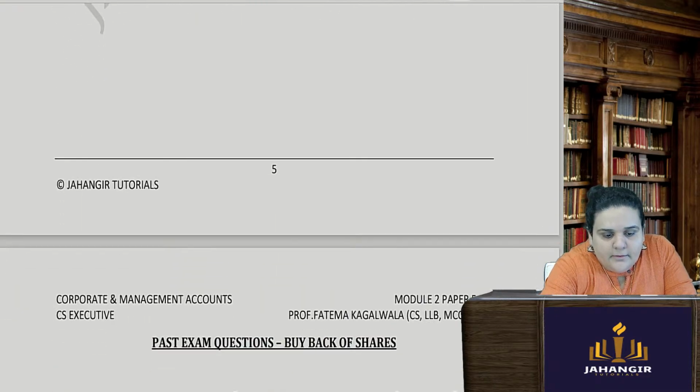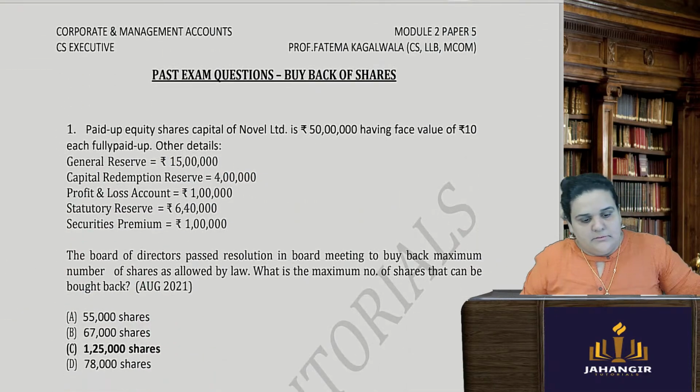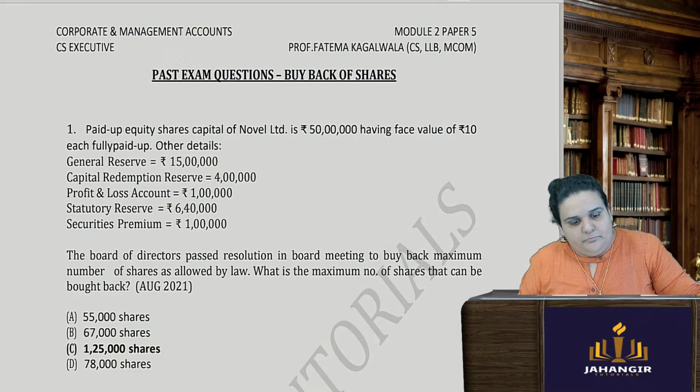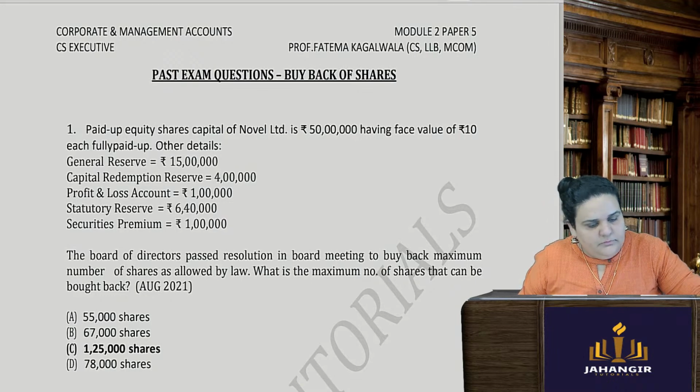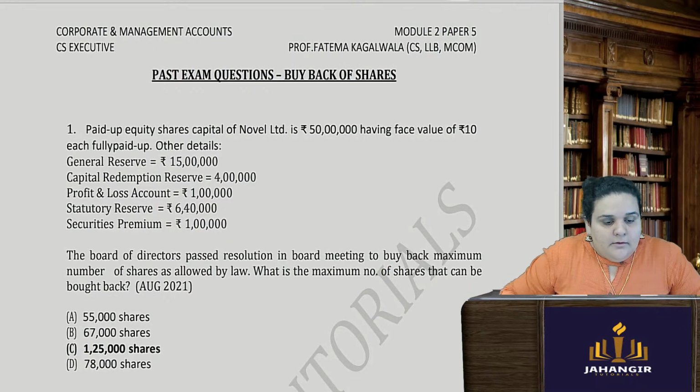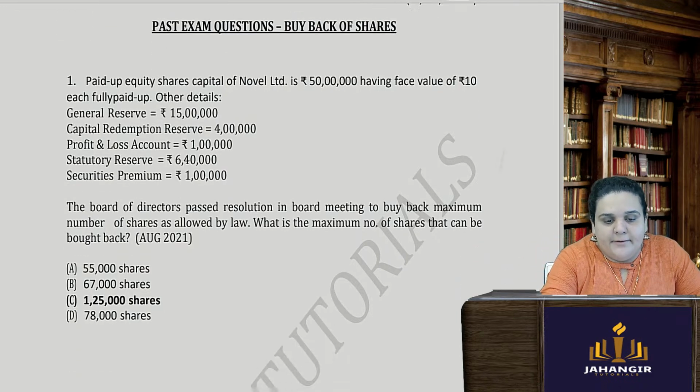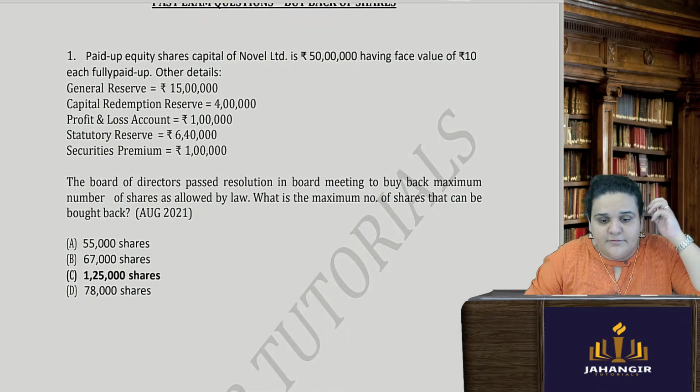Now going to my past exam questions. Very easy, the past exam questions are. They give you everything in detail, so you don't have to worry. Okay. Paid up equity share capital of Novel Limited is rupees 50 lakhs. Face value is 10 each, fully paid up.